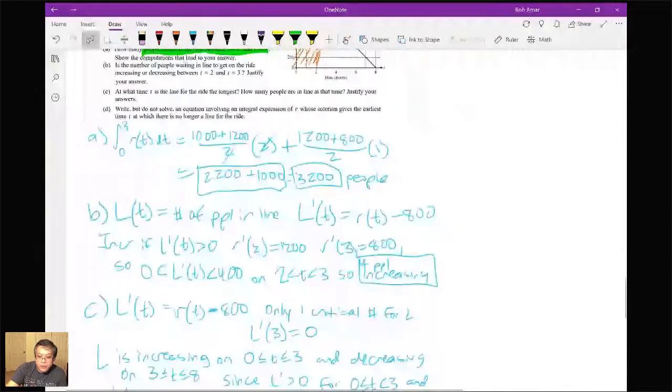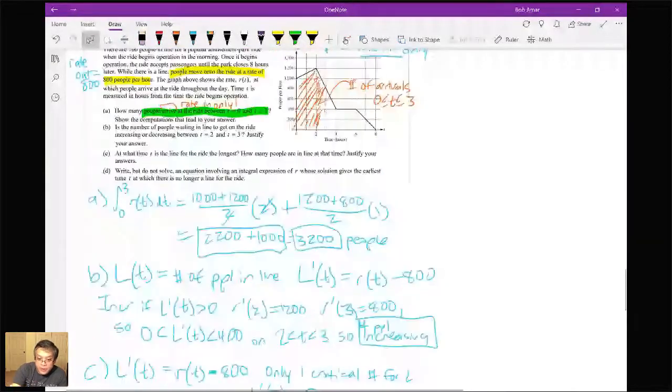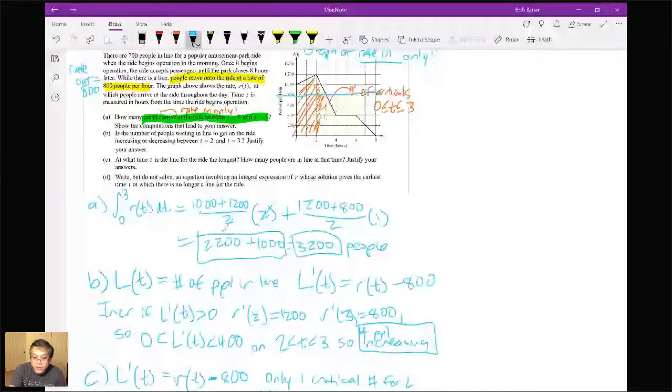So 3 is the break point, right? So this is the net rate out. That's where it evens out. That's where it goes from more people arriving to fewer people arriving. In fact, you can track the net number of people by doing an area basically between these two functions.